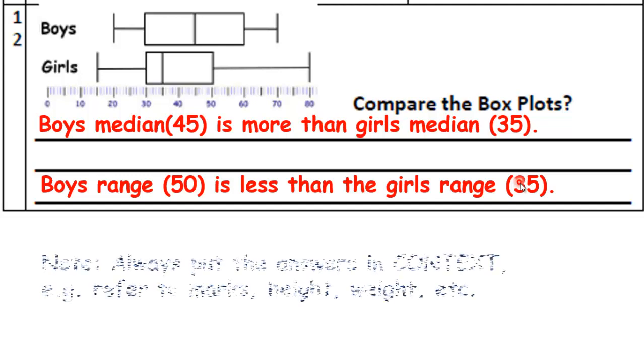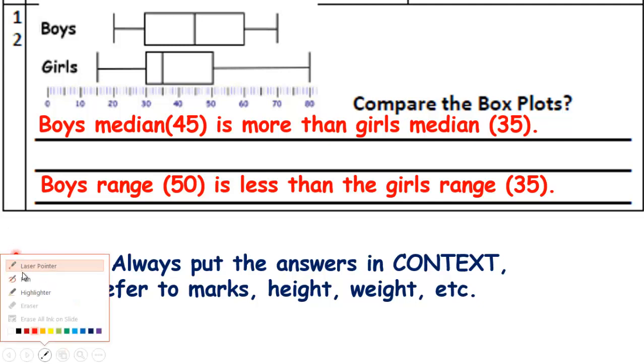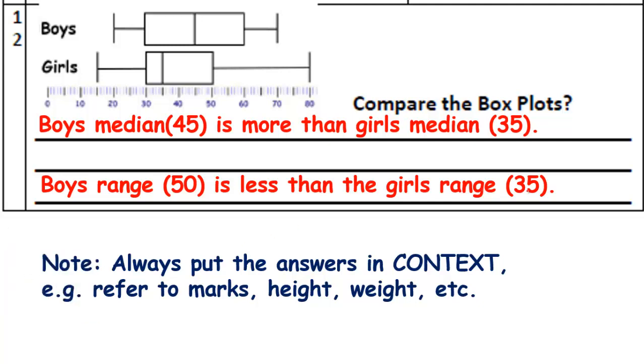What I need you to do is to make sure whenever you're doing this type of question, you always put it into context. Take your time, make sure you know exactly what you're doing, and take your time to put it in context. I'm just going to change that 35 to 65. One thing I'm going to say is always show your workings on here if you're working out the ranges.